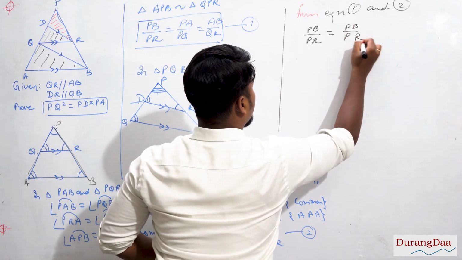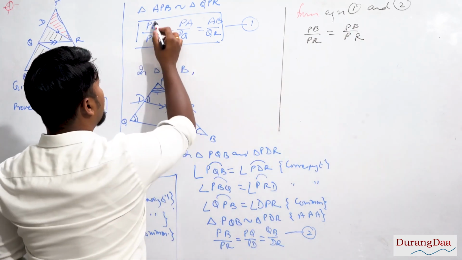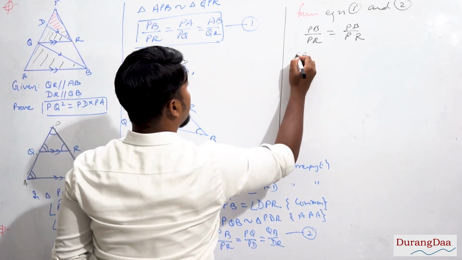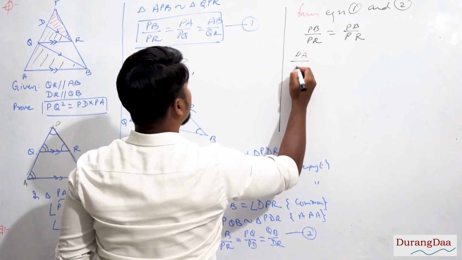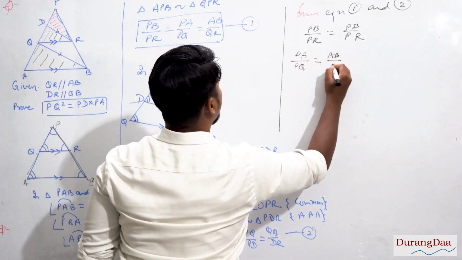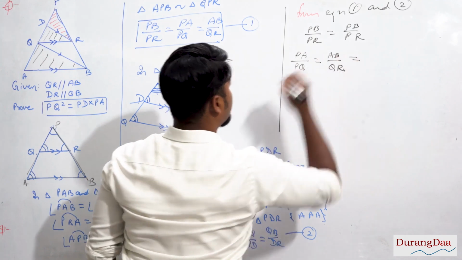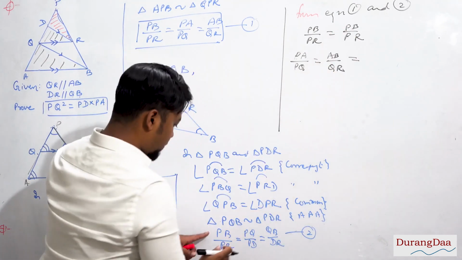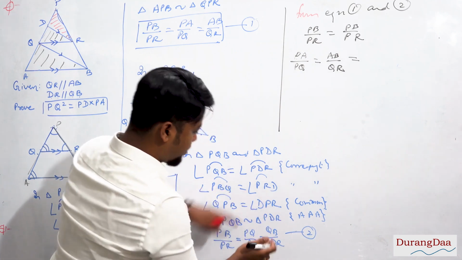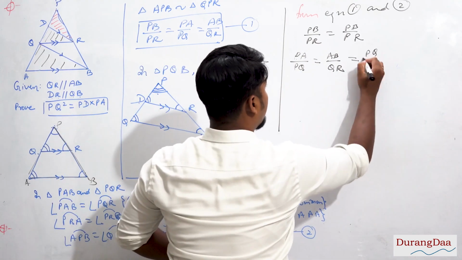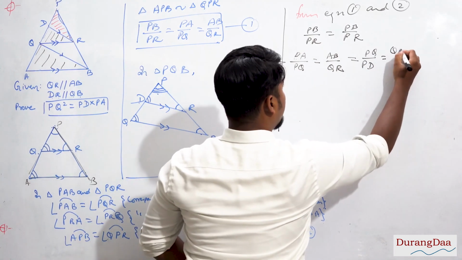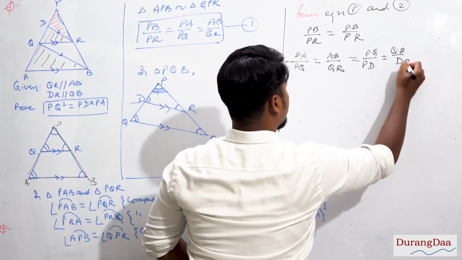The value of this PB by PR is PA by PQ equals AB by QR, and from here the value of PB by PR is these two terms. So write it down here: PQ by PD is equal to QB by DR.